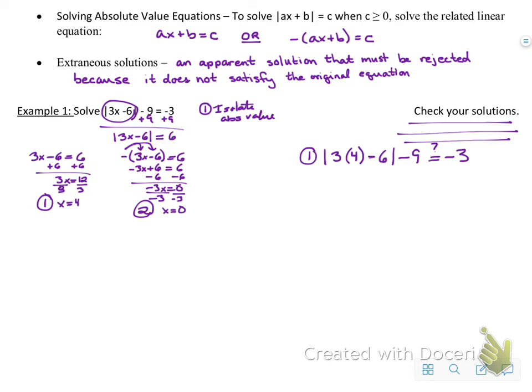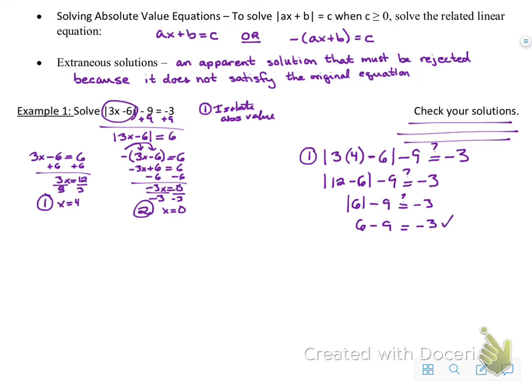Well, 3 times 4 is 12, and I'm just going to do it step by step. 12 minus 6, that's 6. Well, the absolute value of 6 is just 6, so 6 minus 9, that does equal negative 3.